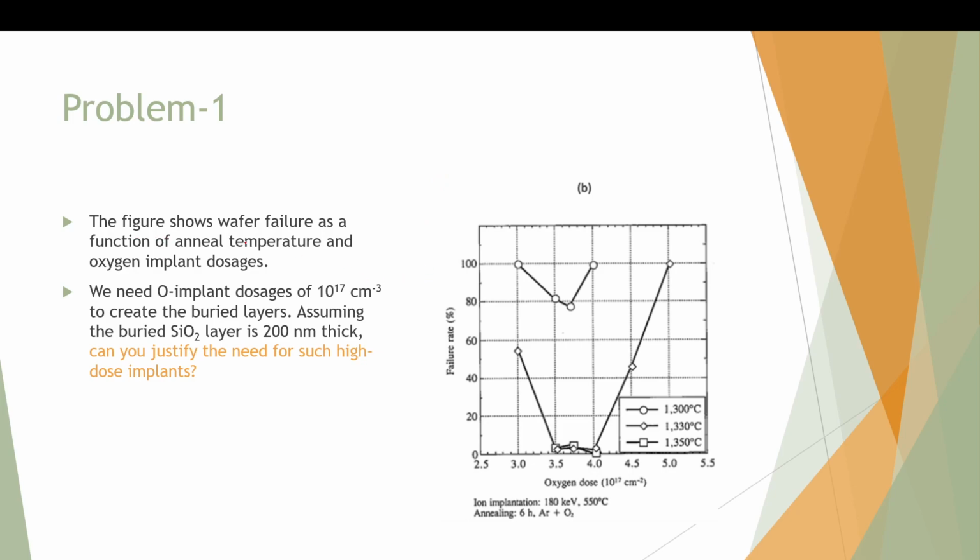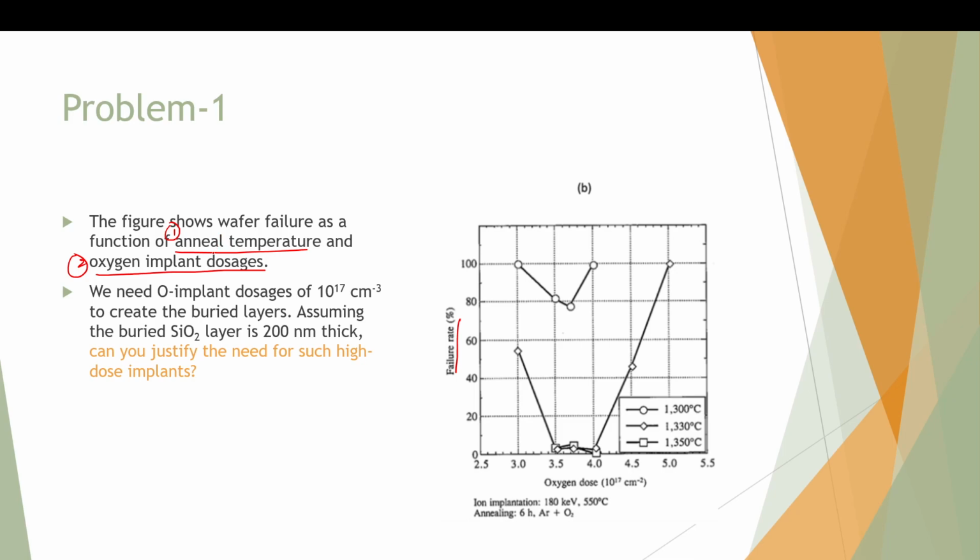And yeah, so this failure rate can be plotted as a function of anneal temperature and oxygen implant dosages. So it depends on these two things primarily. So how much oxygen we are bombarding and what is the temperature at which we are annealing. So if you remember, I said that annealing is used to reduce the defects.